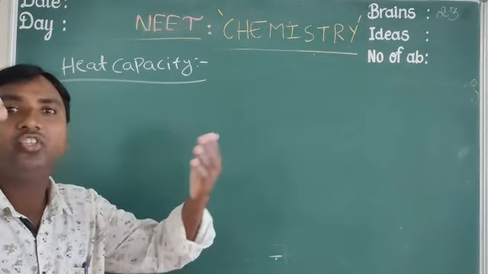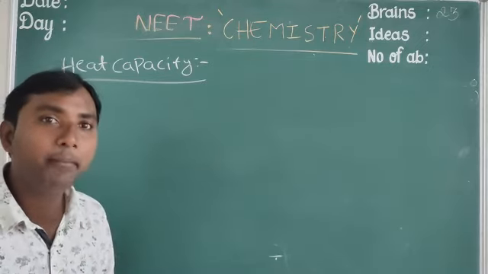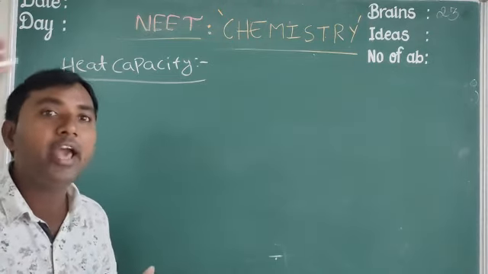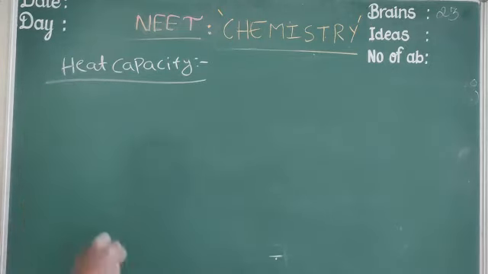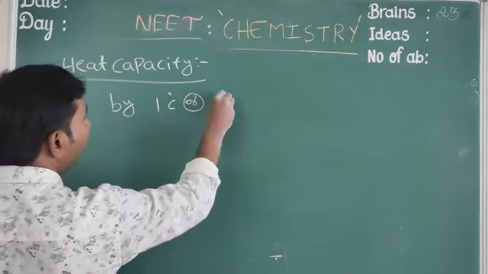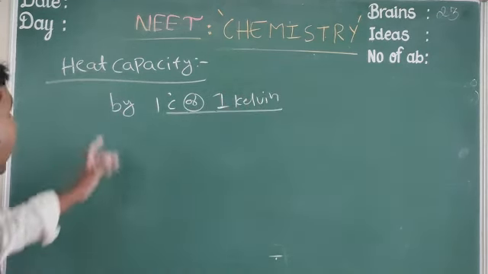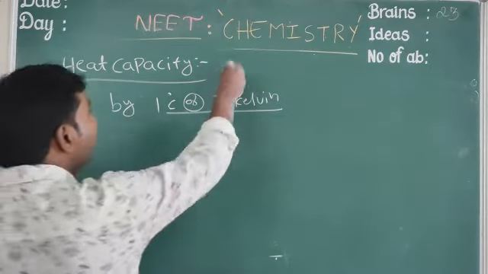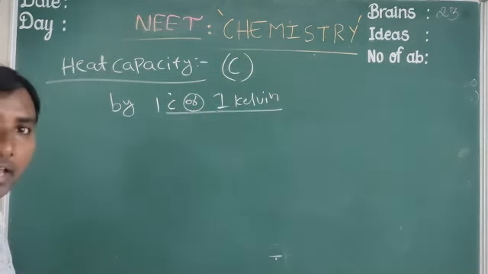The heat energy required for the temperature rise of a given amount of the substance by 1 centigrade or 1 Kelvin. That is called heat capacity. Heat capacity is represented by capital C.